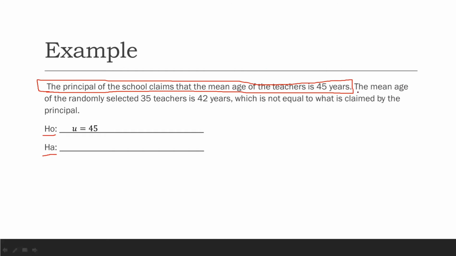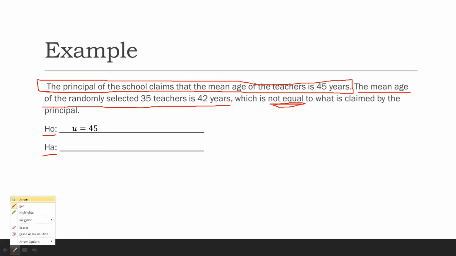So the mean age of the randomly selected 35 teachers is 42 years, which is not equal. So pag sinabi nating not equal, ang symbol natin dyan is yung not equal. So therefore, the alternative hypothesis is mean is not equal to 45. So now let me give you another example.